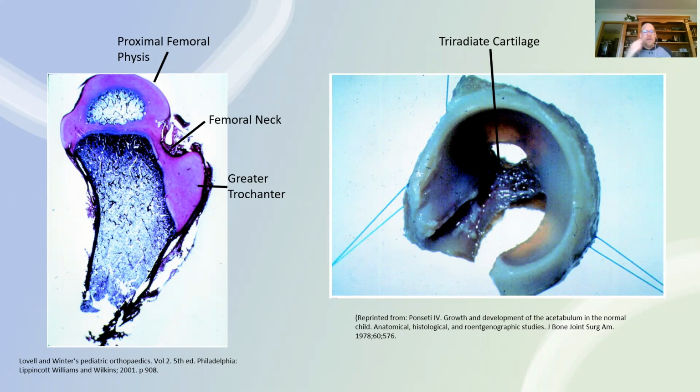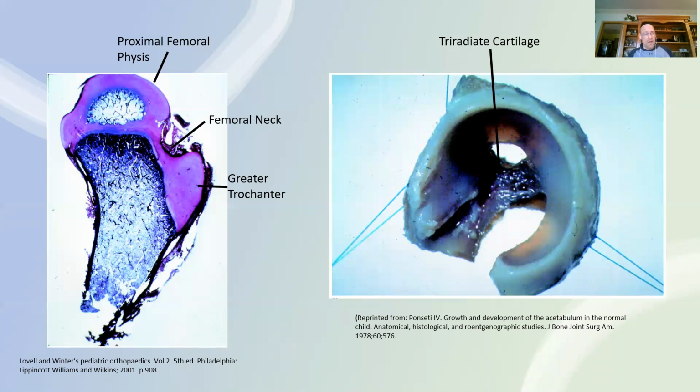So for example, here's the ball, here's the socket. In a normal developing person, there will be a very nice, symmetric balance of coverage of the acetabulum over the socket to create that stability in the hip.